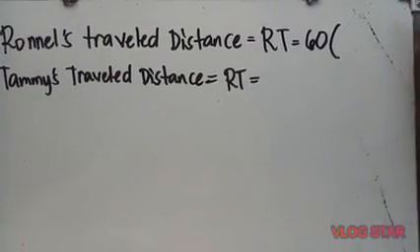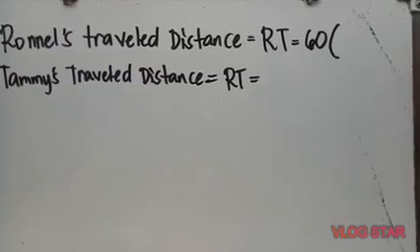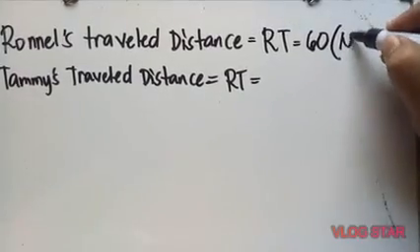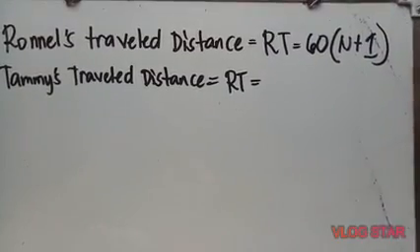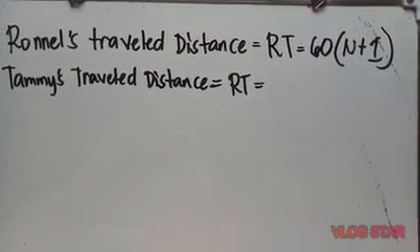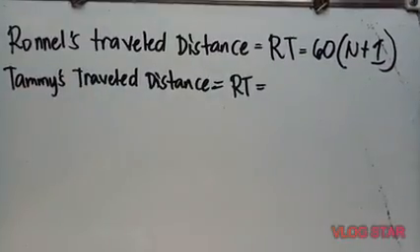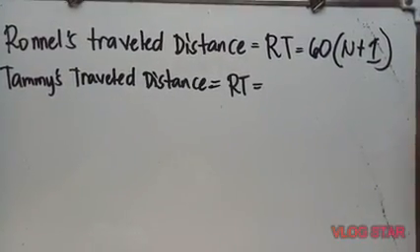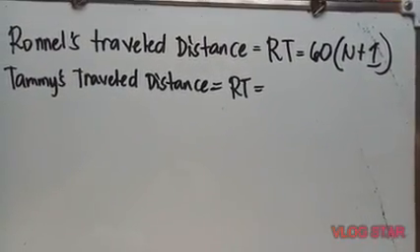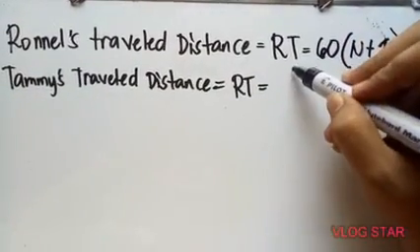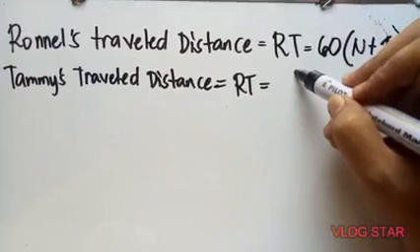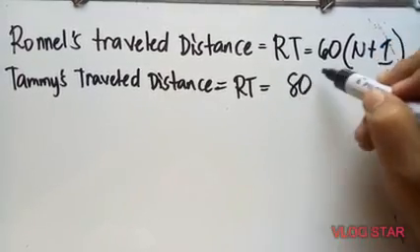Then for the time, n plus 1, because he is 1 hour earlier than Tammy, because Tammy only traveled after an hour. Okay, so for Tammy, his speed is 80 km per hour.